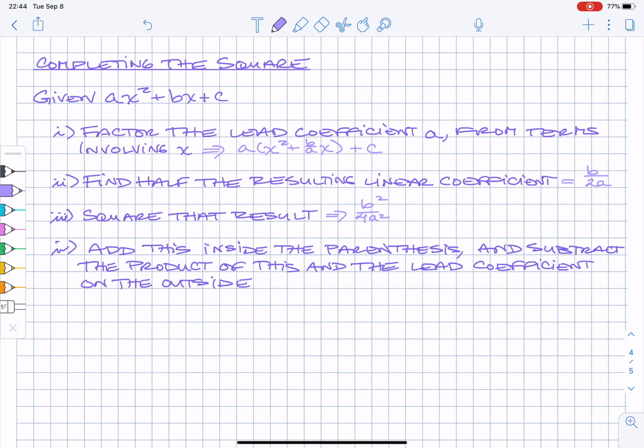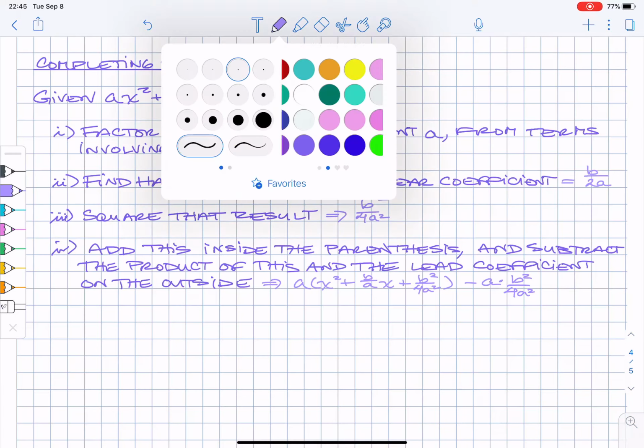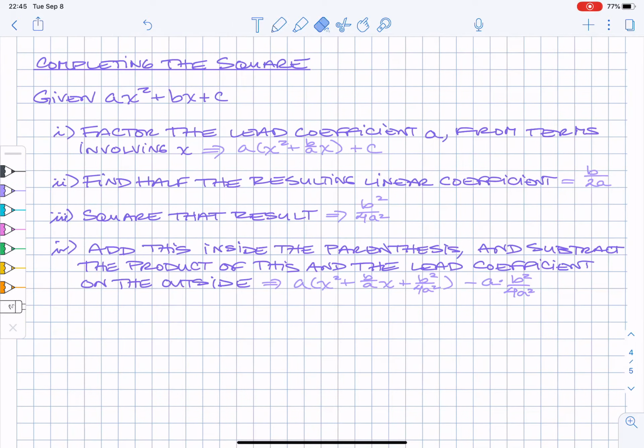Okay, so for us, this will be a times a quantity x squared plus b over a times x plus b squared over 4a squared. Then we're going to subtract a times that, which is b squared over 4a squared, and we know that the a's will reduce on the outside. In fact, let me just go ahead and reduce them right away since we already know what the answer is. So this is going to be minus b squared over 4 times just a.